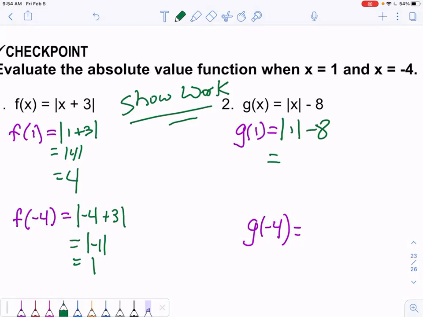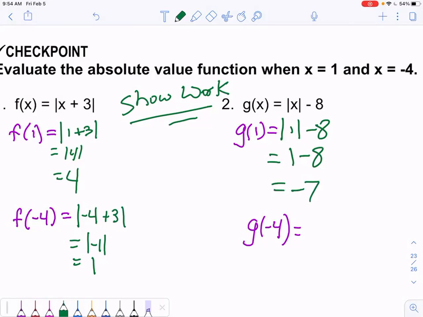Hey, Josh, what's the absolute value of 1? 1. What's 1 minus 8? -7. You got it.